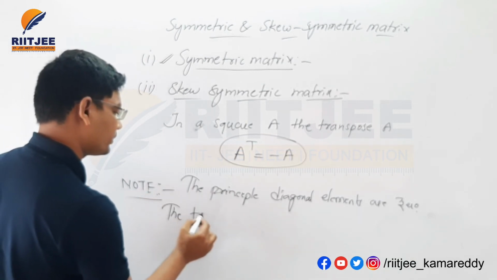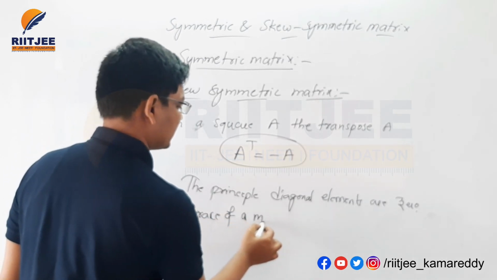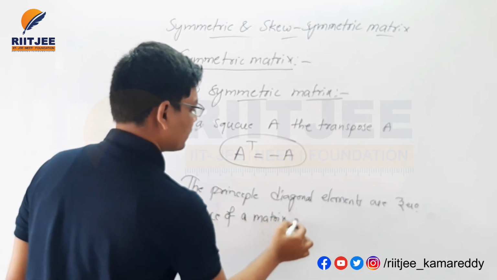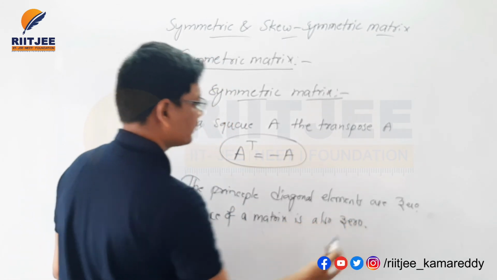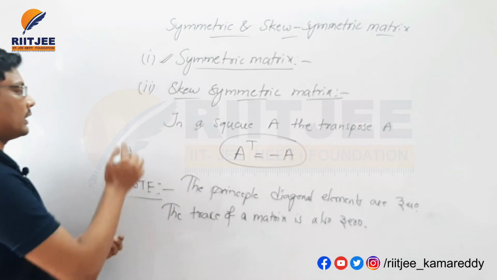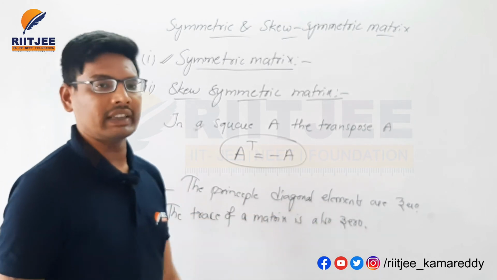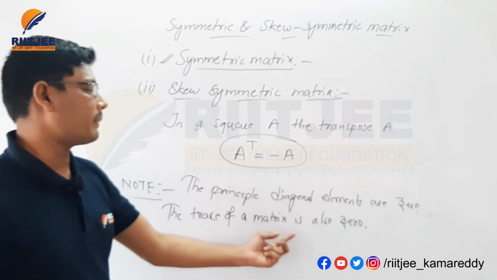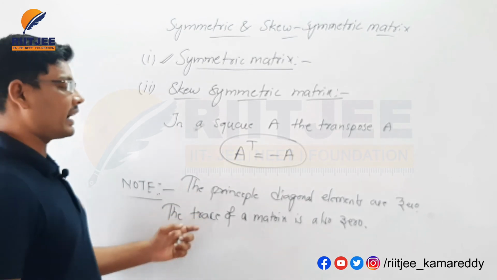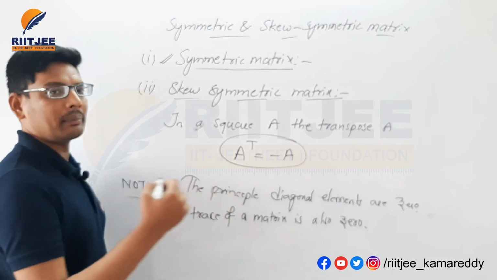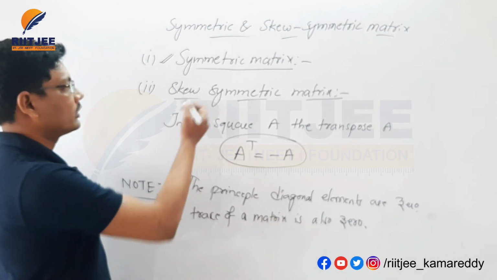Trace of a matrix is the sum of the principal diagonal elements, which is 0. These 2 points should be satisfied by a skew symmetric matrix.